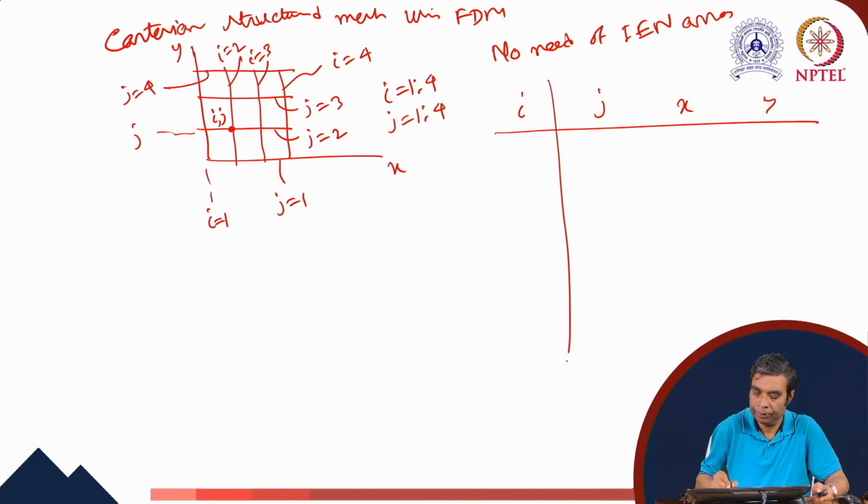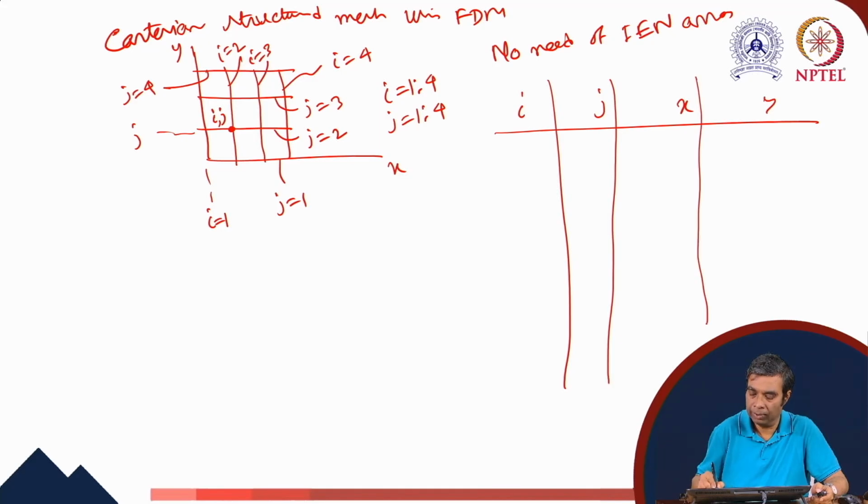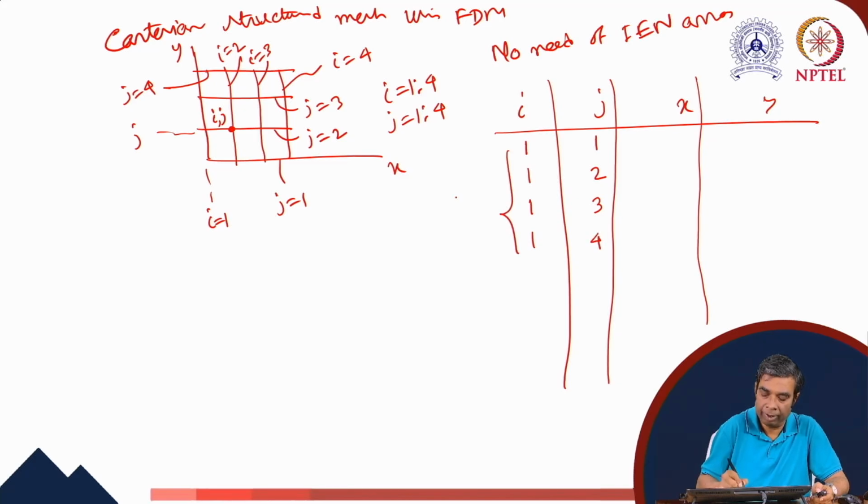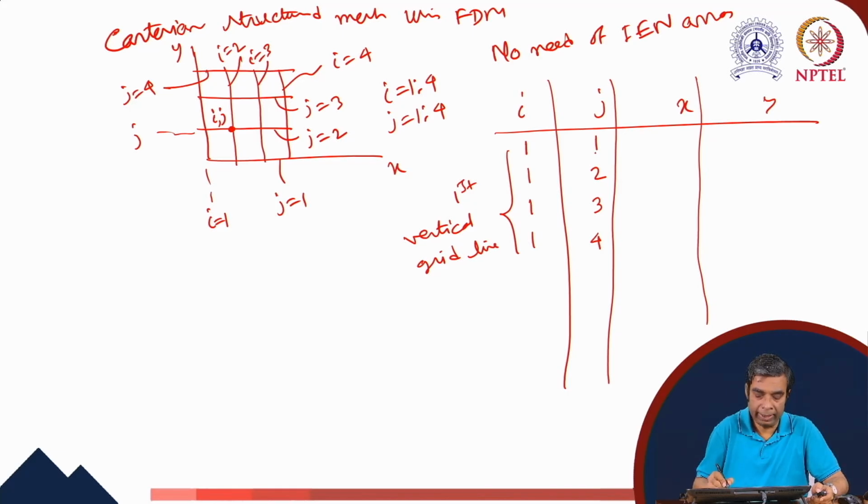So this arrangement is required. So, if we consider the first vertical line, for example, I equals to 1, then j will be 1, I will be 1, j will be 2, I will be 1, j will be 3, I will be 1, j will be 4. I equals to 1 means the first vertical grid line. Now, I equals to 1, j equals to 1 represents the origin for which x coordinate is 0.0, y coordinate is 0.0.